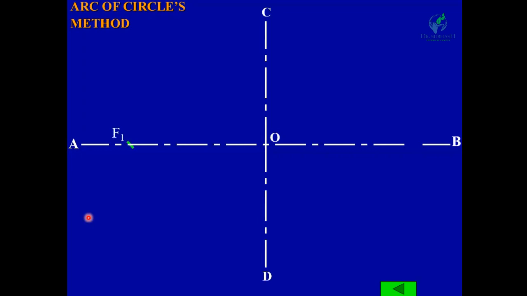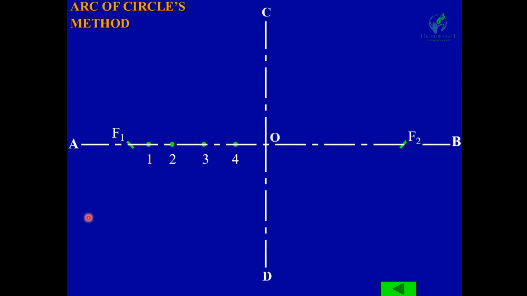Okay, so this is our focus F1, and similarly with center C and radius AO, draw an arc on the other side of CD. You will get the other focus F2. Okay. Now mark the points 1, 2, 3, 4 at nearly equal distances from F1 to O. 1, 2, 3 and 4.